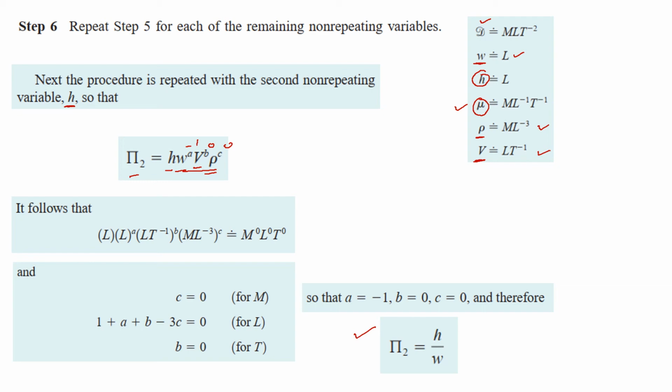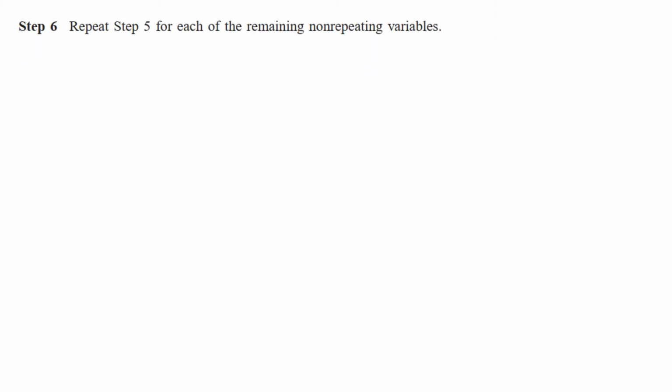So step 6 again is to repeat step 5 for our remaining non-repeating variable. So the one non-repeating variable is our viscosity. As you can see from this case, this is the only non-repeating variable left.